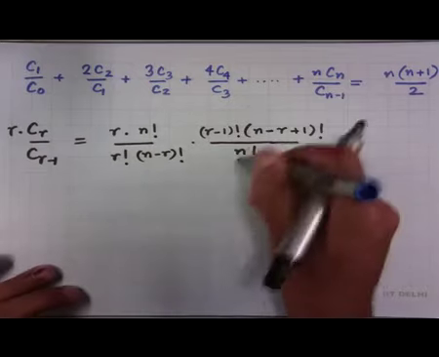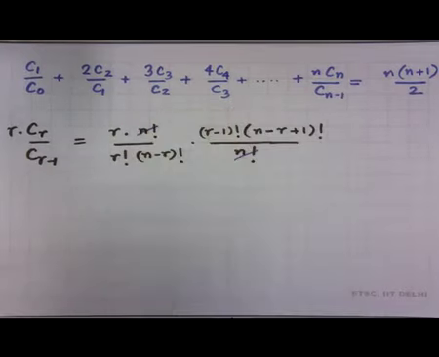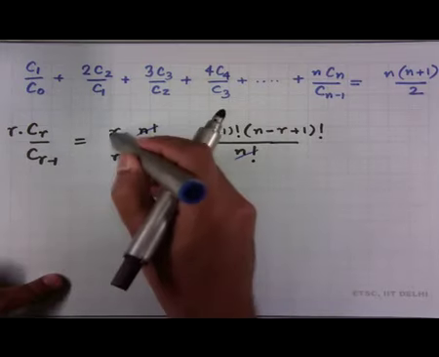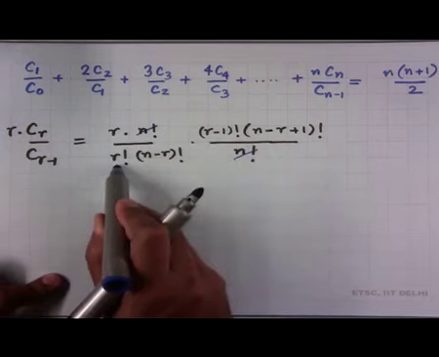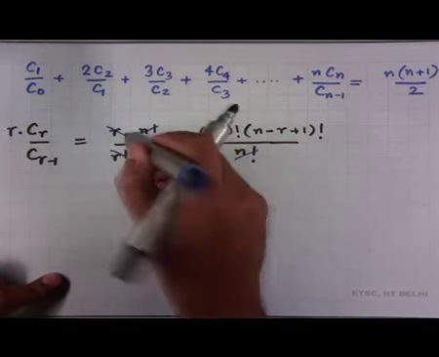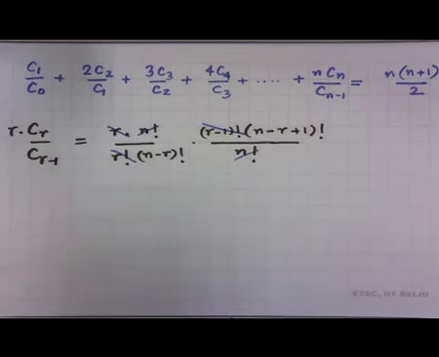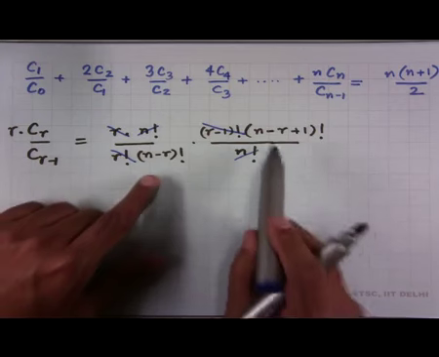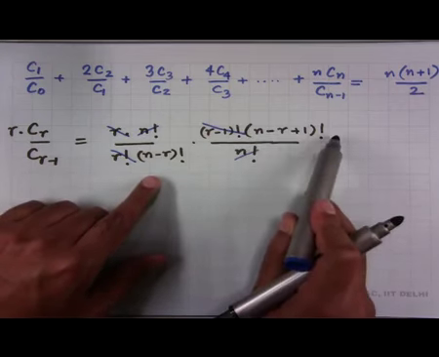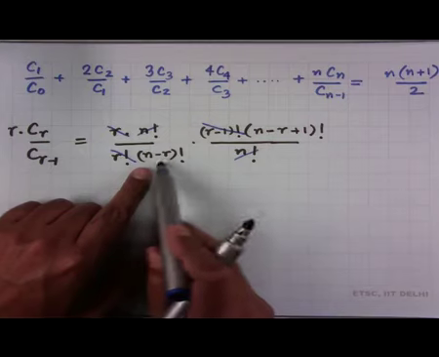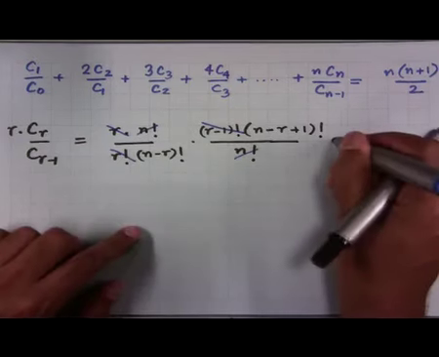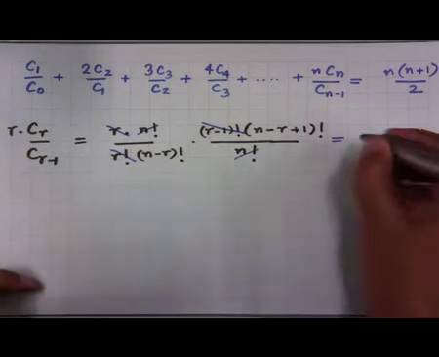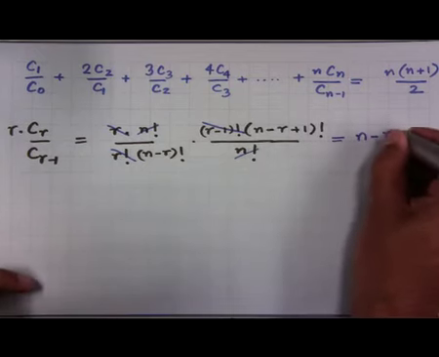And then of course n factorial cancels out, r times r minus 1 factorial by r factorial cancels out, and all you are left with is n minus r plus 1 factorial by n minus r factorial, and n minus r plus 1 is just one more than n minus r, which means this is equal to n minus r plus 1.